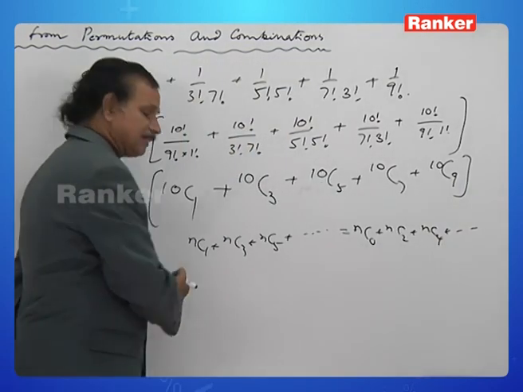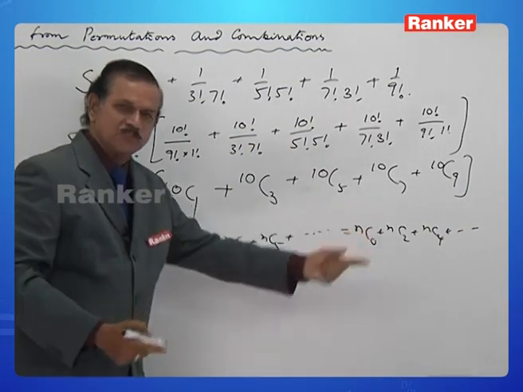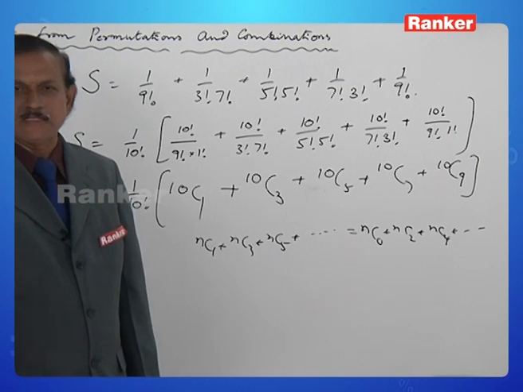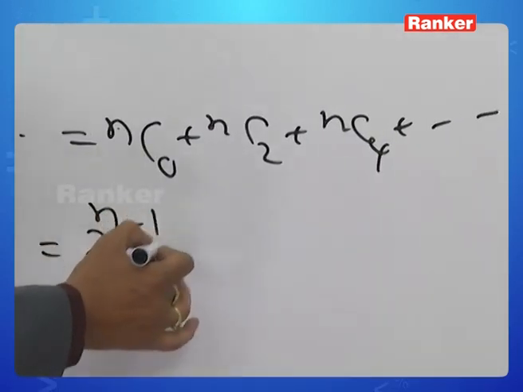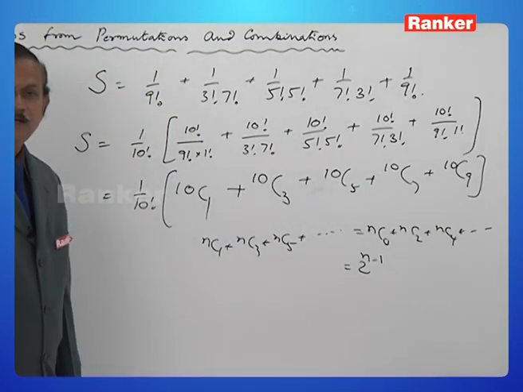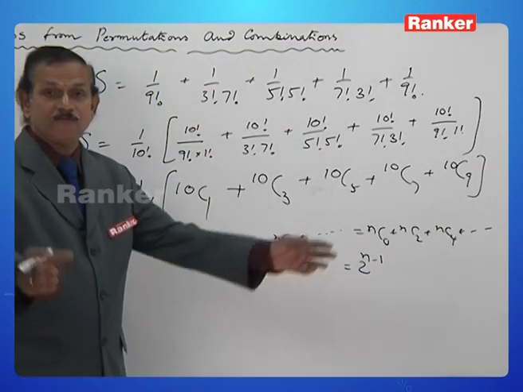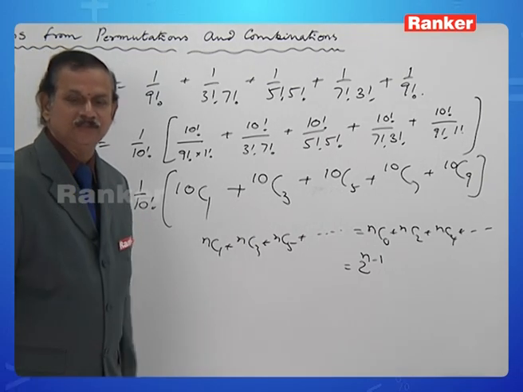We say that is the sum of all odd coefficients, and that is the sum of all even coefficients. They are equal, and of course equal to 2 power n minus 1. We may have to recollect this here to get the answer.